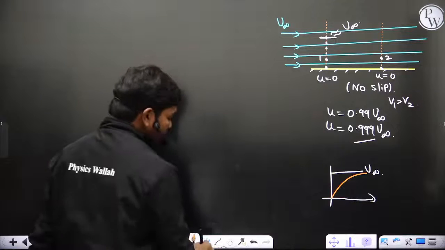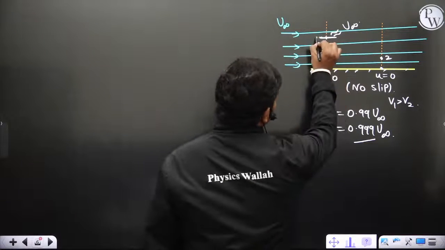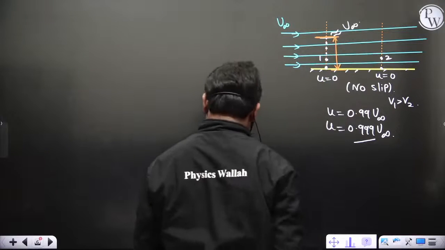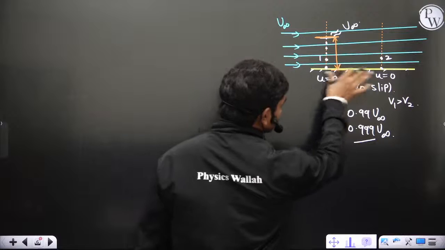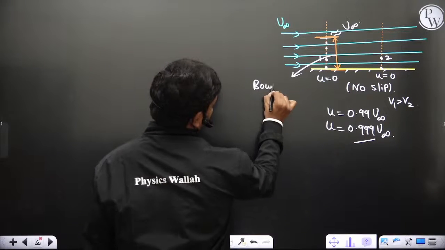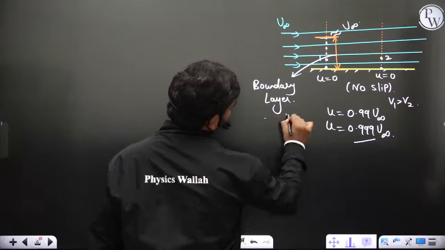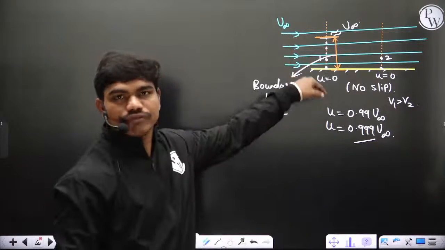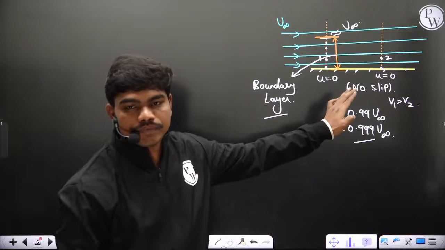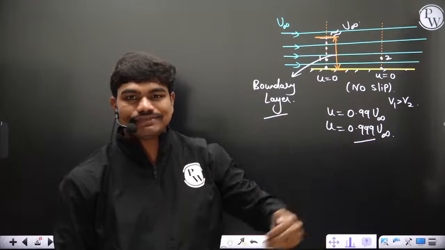Now if this is u infinity, then this thickness, these layers of the fluid very close to the solid boundary, is called the boundary layer. This is the layer of the fluid in which the effects of the boundary are felt very strongly. Understood?